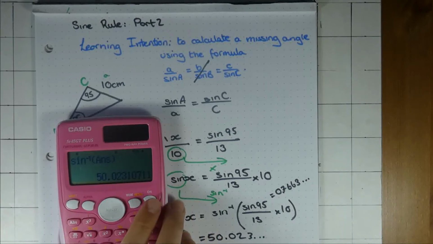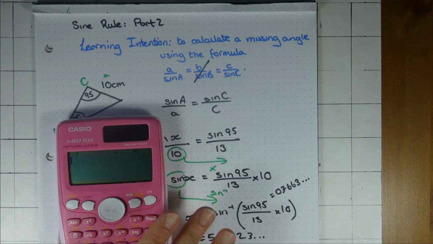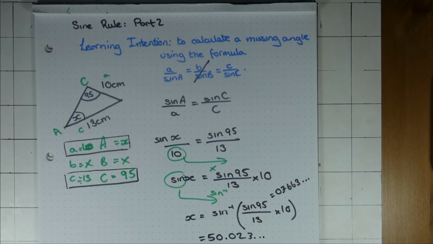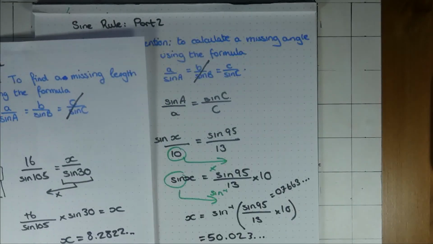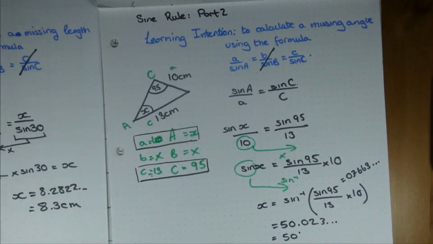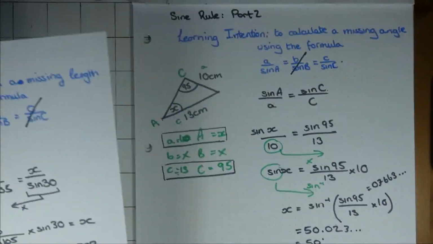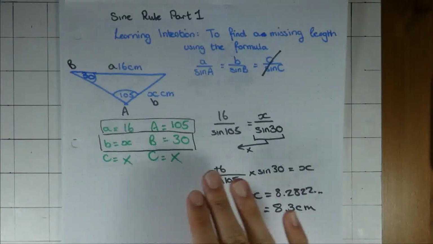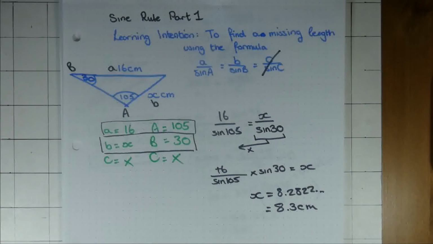Okay? So in terms of steps, it does appear there's a lot more to do here. Sine rule for length, I think, is the one which is the fastest out of all the sine rules and the cos rules. But if we look at them side by side, the steps are pretty much the same. You label angle A first.